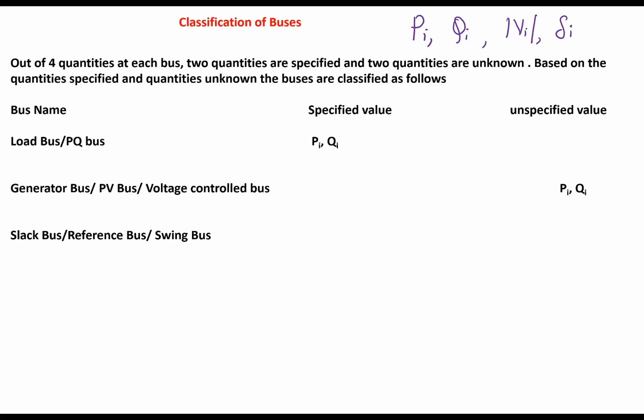Before carrying out load flow analysis, out of these 4 quantities, at each bus we know 2 quantities and we don't know 2 quantities. Depending upon the quantities which we know and which we don't know, the buses are classified into 3 categories.